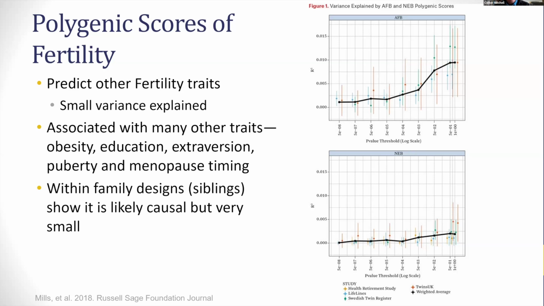The other thing that's really powerful is you can take these scores and by having, say, things like siblings, you can start to say, okay, it's random which sibling gets which set of genes from their parents. So comparing two siblings who have slightly different scores, that difference you can kind of assume is random, and you can start to test, is this actually a causal association between these polygenic scores?